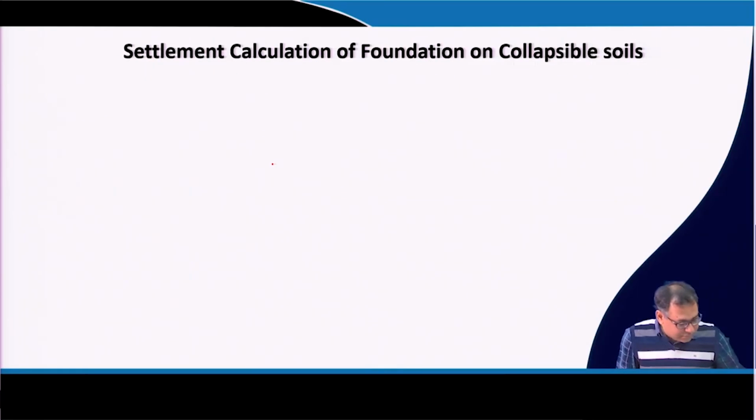Now, how will I calculate the settlement of foundations which are constructed on the collapsible soil? For this purpose 2 samples are required. So, 2 samples are taken, and both the samples are placed within the consolidation apparatus, that is the oedometer apparatus, under a 1 kPa stress, and they are kept for 24 hours.